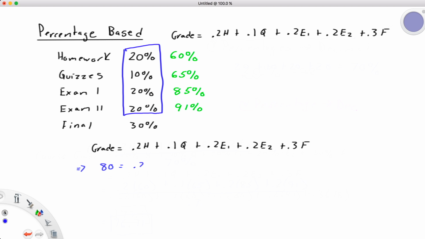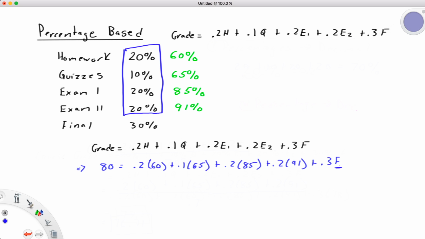And so in order to do that, we would have equal to 0.2 times 60 plus 0.1 times our 65 plus 0.2 times our 85 plus 0.2 times our 91 plus 0.3 times F. And this ultimately, we don't know it yet.